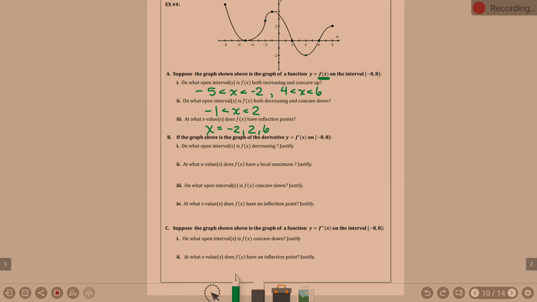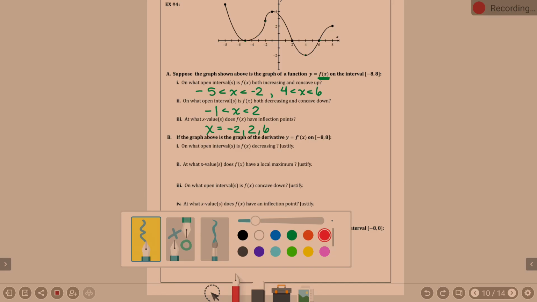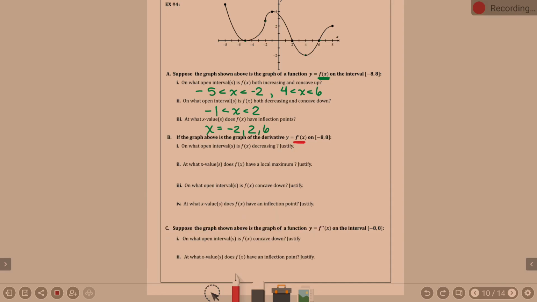Now, changing scenario. Now, that same graph, pretend it is a derivative graph. Okay, so pretend it is the first derivative. On what open intervals is f decreasing?